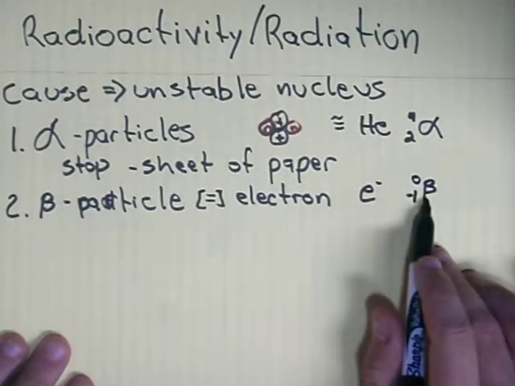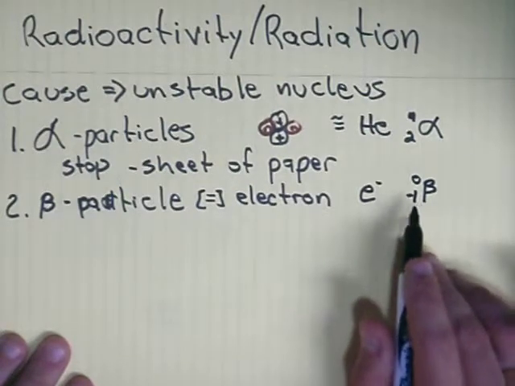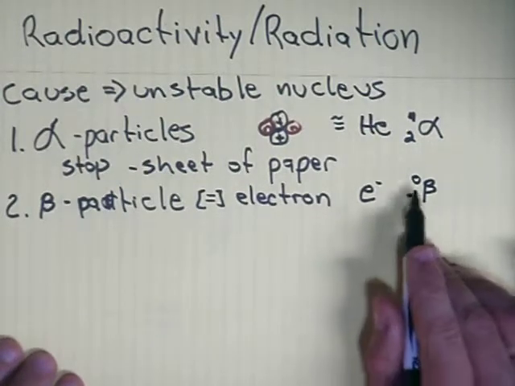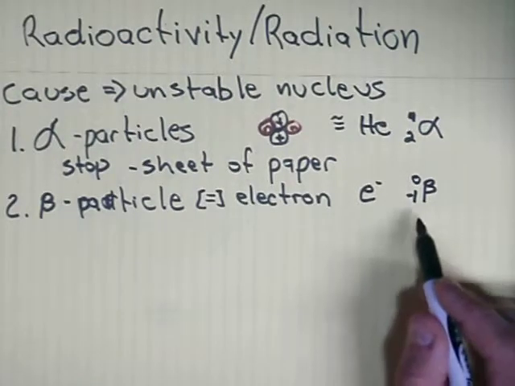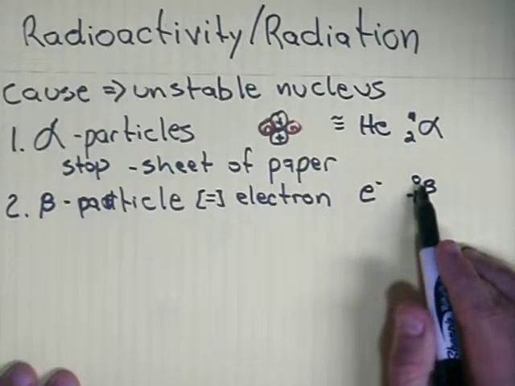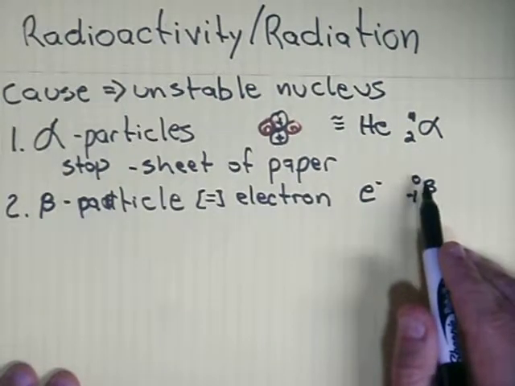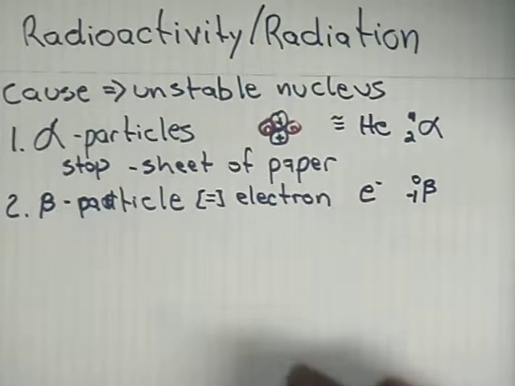Where you see beta with a -1 down there, indicating the loss of the charge, or essentially taking away a proton, taking away that one negative charge, but there's no mass to it, because an electron is so tiny that it has no mass.